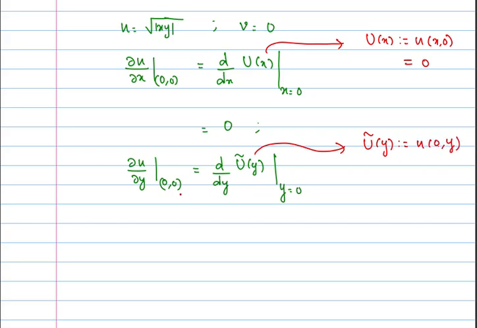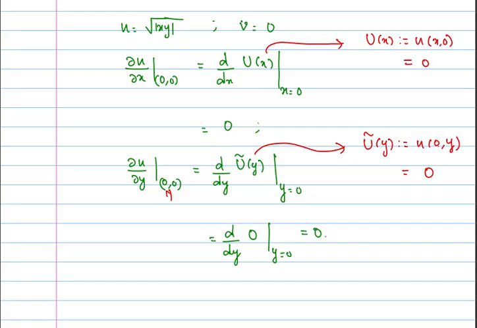I choose 0 because the x value is 0 only. So this is also 0, and d/dy of 0 at y equal to 0 gives 0.